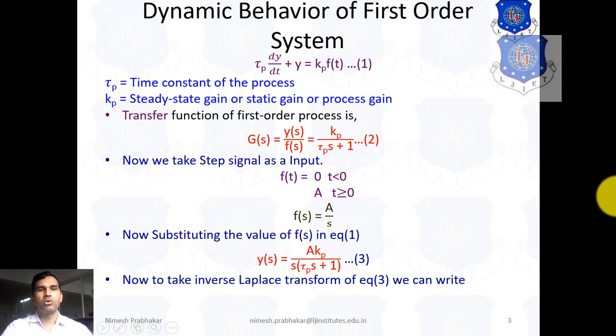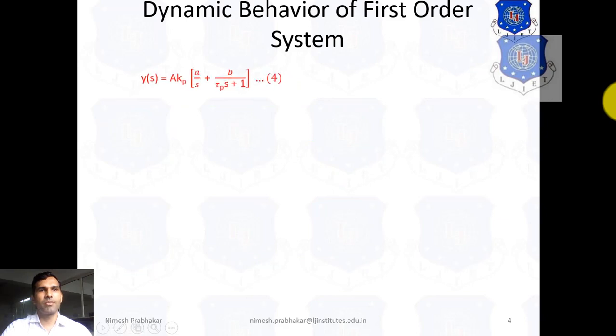Now, to take the inverse Laplace transform of equation number 3, we cannot directly write the value. So, we have to take some assumption, and we can write this equation as Y of s is equal to A Kp into A by s plus B by tau p s plus 1.